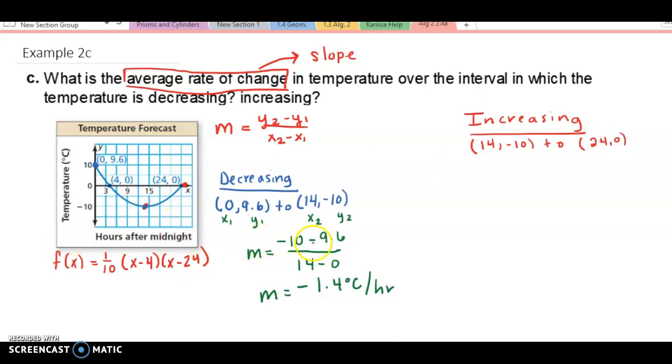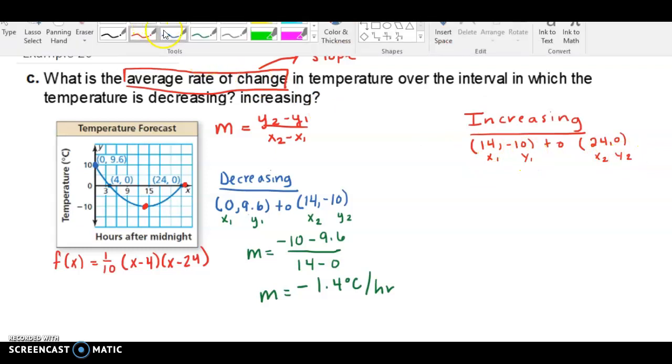Once again, I'm going to do the slope. This is the x-coordinate of point 1, y-coordinate of point 1, x-coordinate of point 2, y-coordinate of point 2. And just a reminder, if you flip these, that doesn't change anything. You'll still get the same thing.